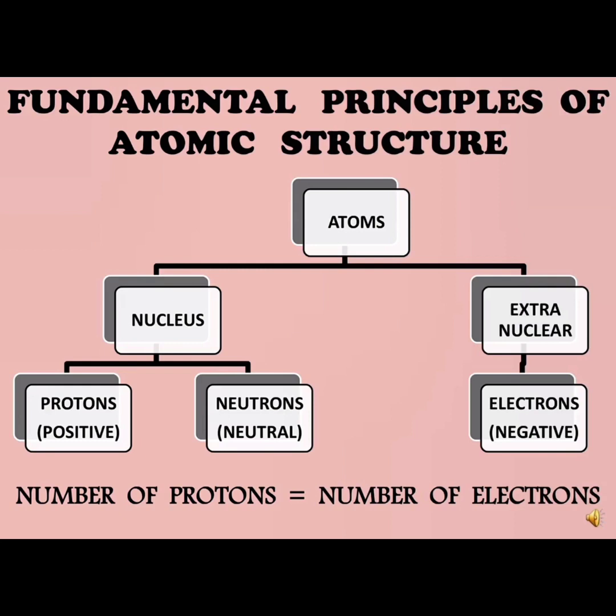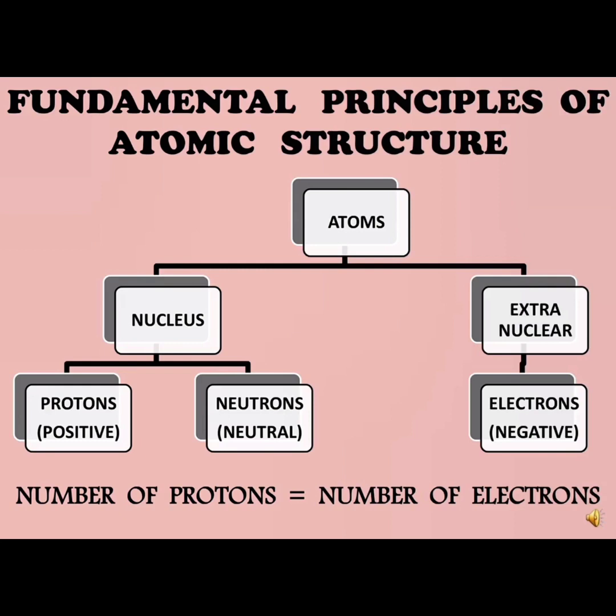Now in the nucleus you have two things. You have protons and you have neutrons. Your protons are having positive charge and the neutrons are having a neutral charge. Okay, they do not have positive charge or they do not have any negative charge, so they are called as neutral.